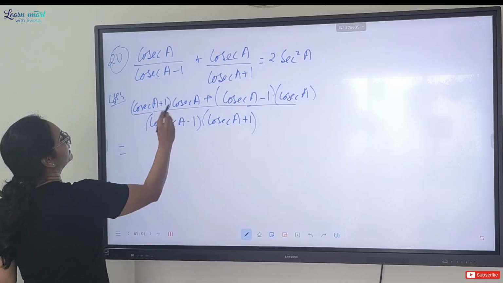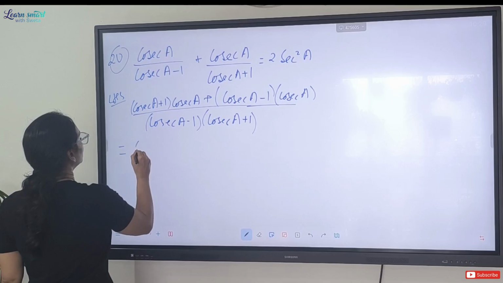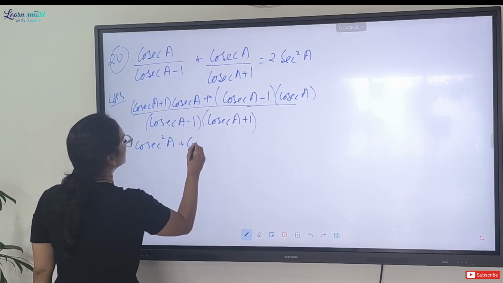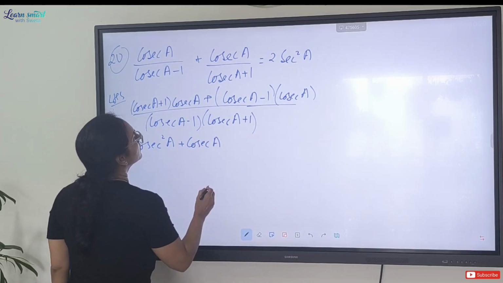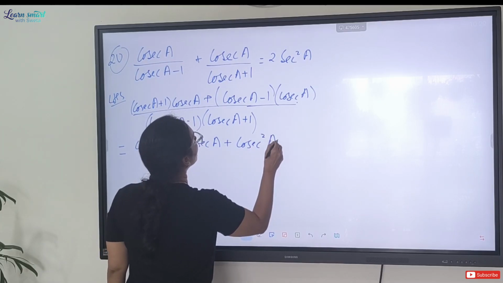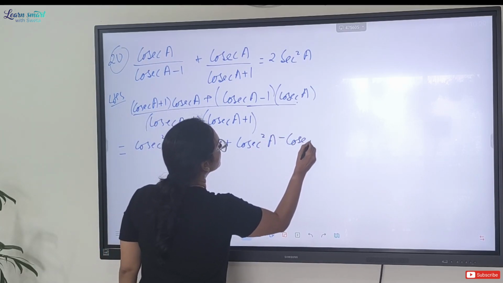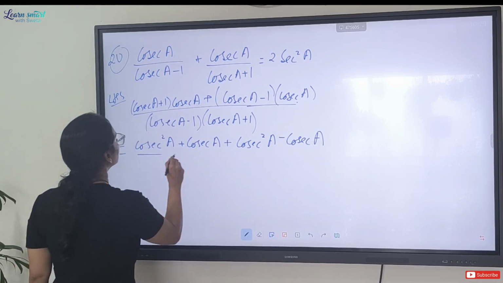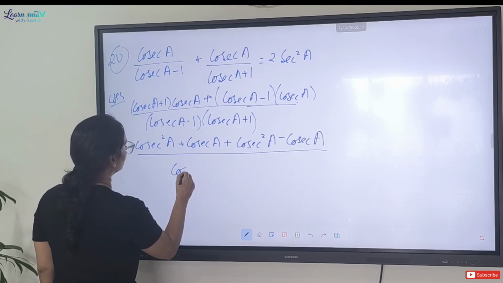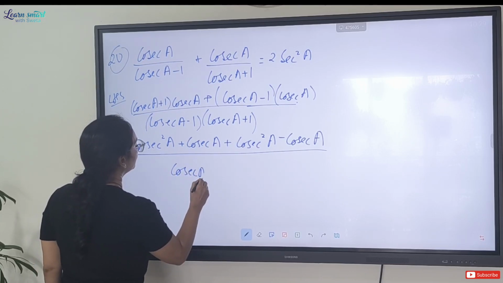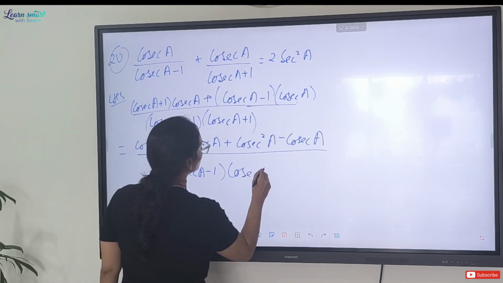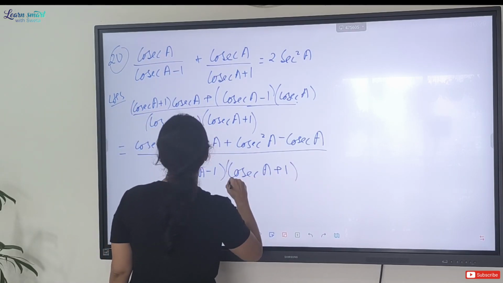Now let's multiply and simplify it. Cosec A into cosec A, cosec square A, plus cosec A, plus cosec A into cosec A, cosec square A, and minus cosec A, upon cosec A minus 1 into cosec A plus 1.